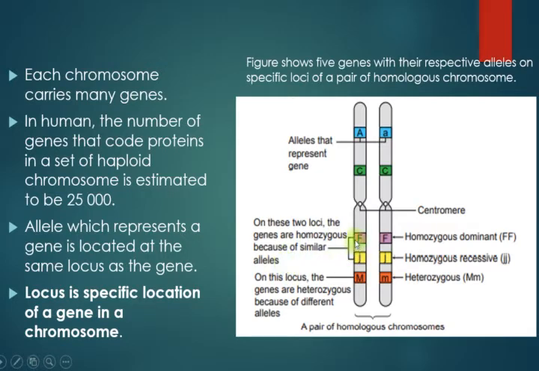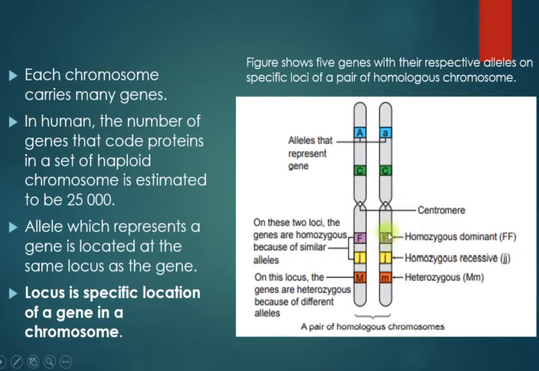Why homologous? Because they have two same alleles, which is big F, or small j. They are homozygous. Here, big F, they are homozygous dominant. Why homozygous dominant?